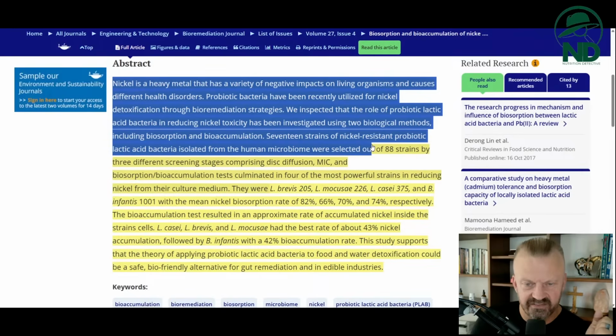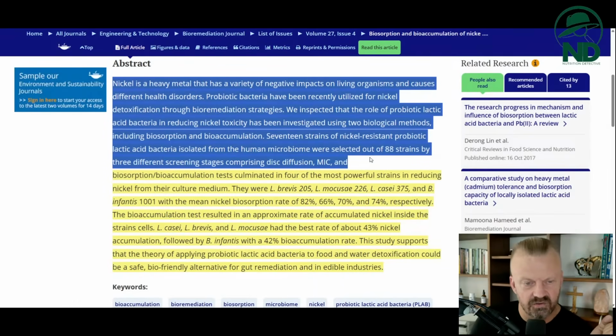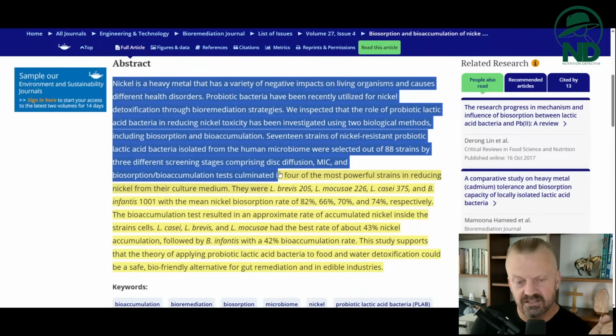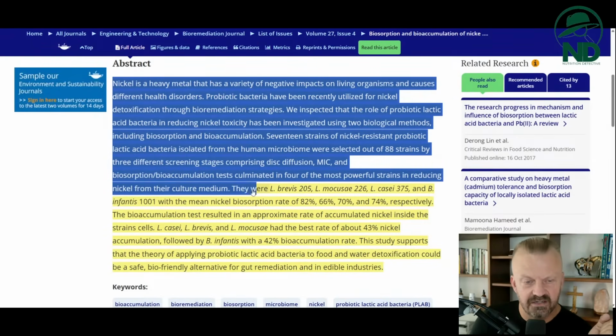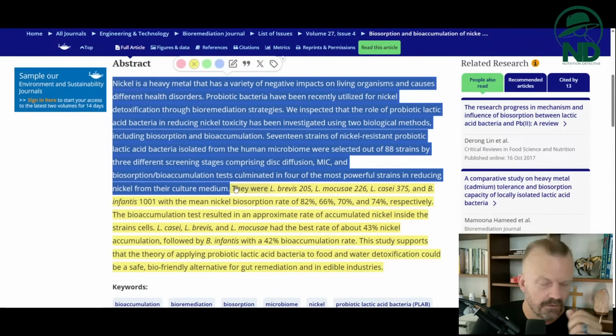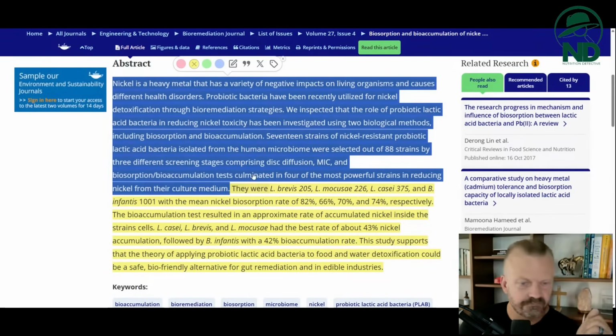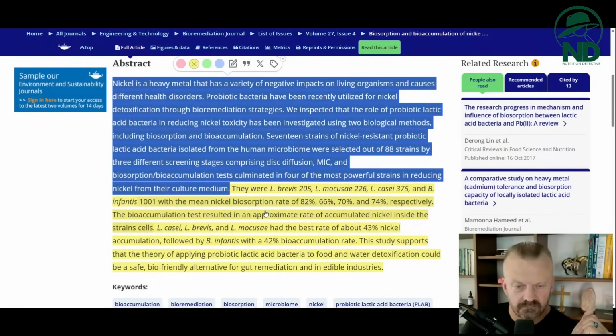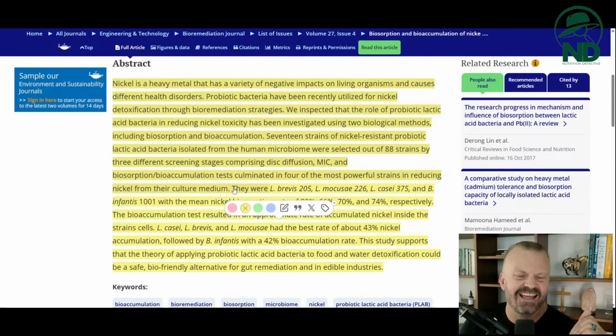17 strains of nickel-resistant probiotic lactic acid bacteria isolated from the human microbiome were selected out of 88 strains by 3 different screening stages, comprising disc diffusion, MIC, and that would be minimum inhibitory concentration, and biosorption/bioaccumulation tests, culminating in 4 of the most powerful strains in reducing nickel from their culture medium. I have a product idea now.